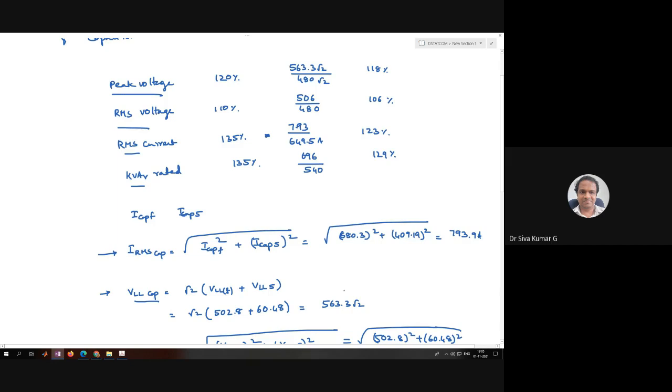Now the capacitor bank, when you allow the harmonics, is within all the limits. If that is not the case and there is any violation in these limits, then we need to redesign it and consider increasing the capacity.